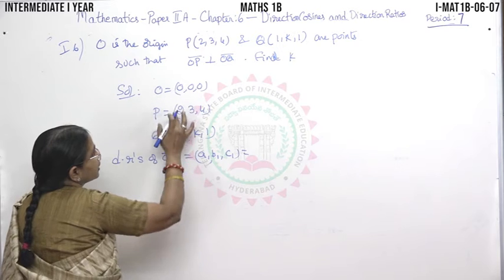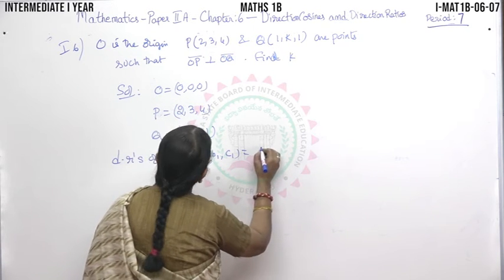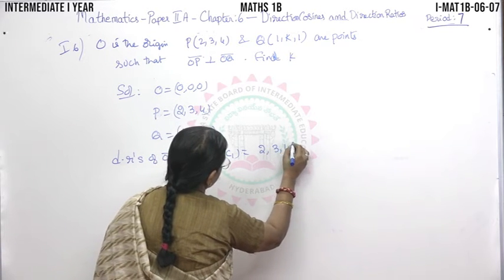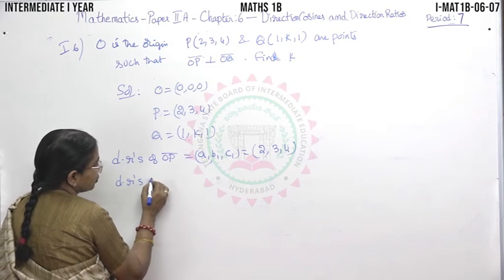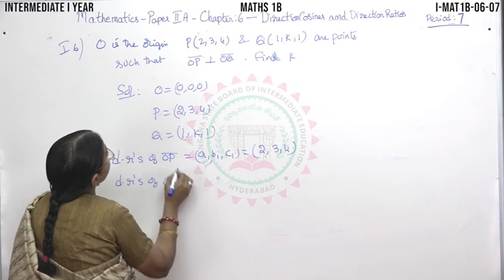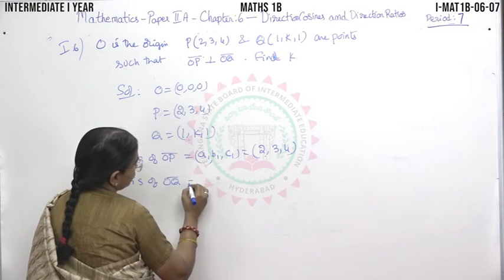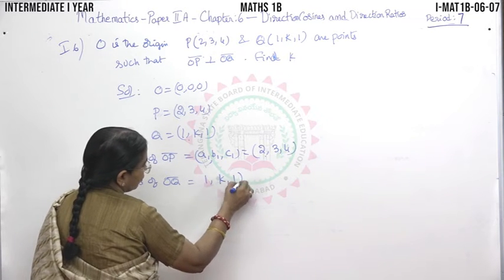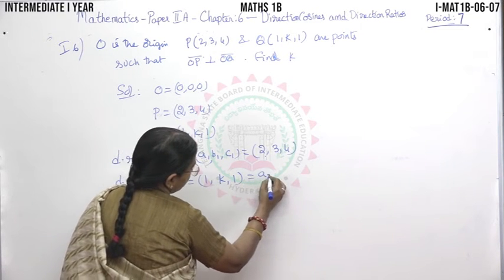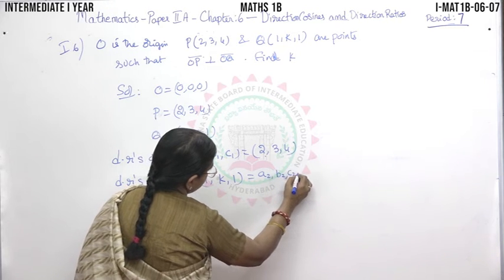So what are the direction ratios? 2 minus 0, so that is 2, 3, 4 only. Now we'll find the direction ratios of OQ. So OQ means again 1 minus 0, that is 1, K, 1 only. So name them as A2, B2, C2.